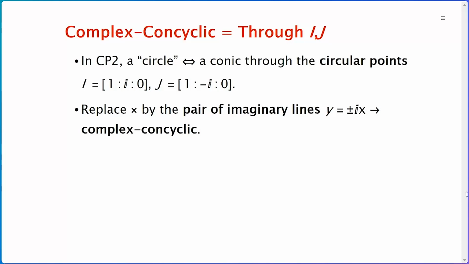So if we reinterpret the cross as an imaginary pair, y equals plus or minus ix, circle and cross become complex concyclic. They share the same projective signature. Those two points are at infinity.